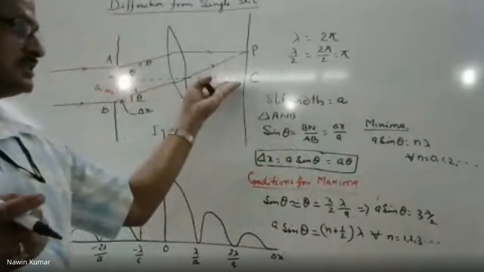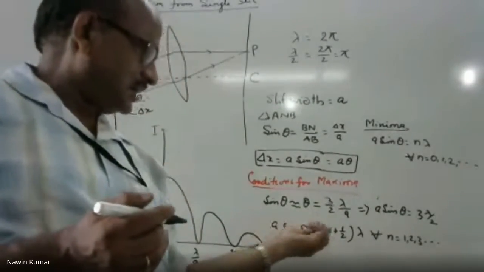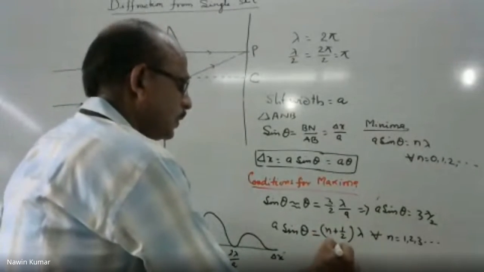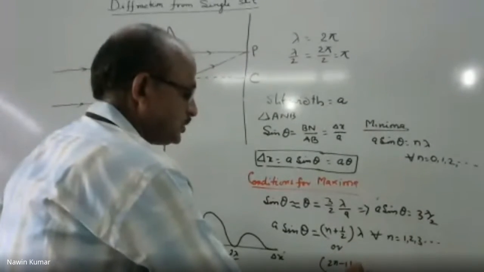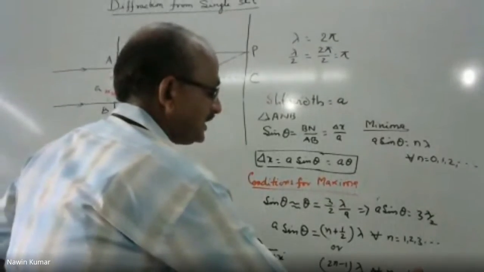So the center is always the bright one. Though mathematically we can take here 2n minus 1 lambda by 2, for all n equal to 1, 2, 3.